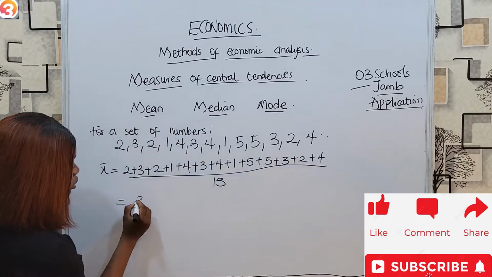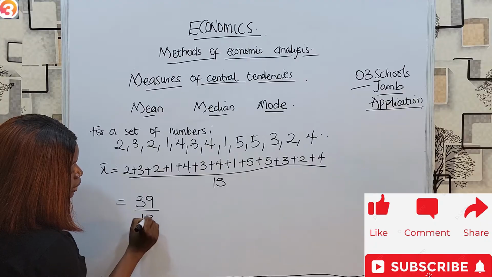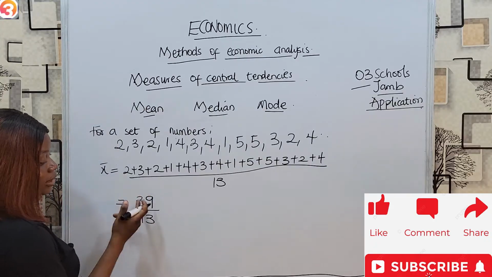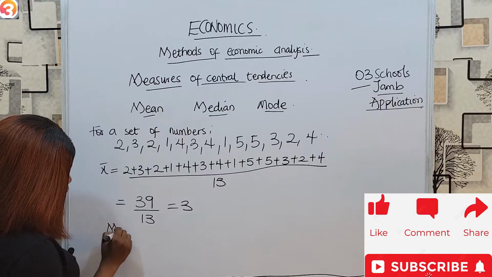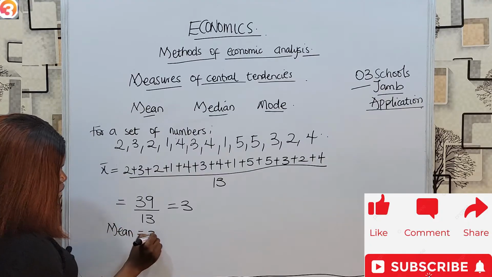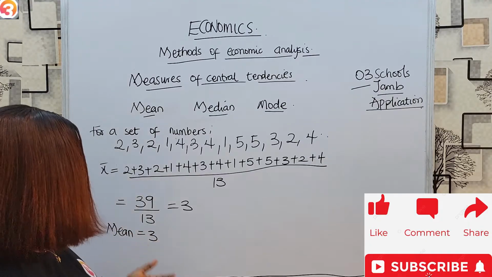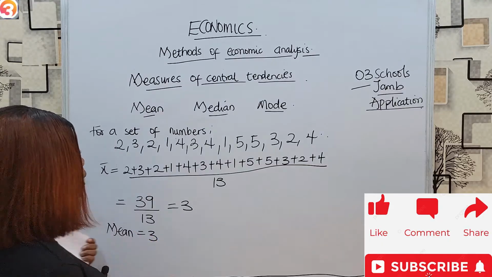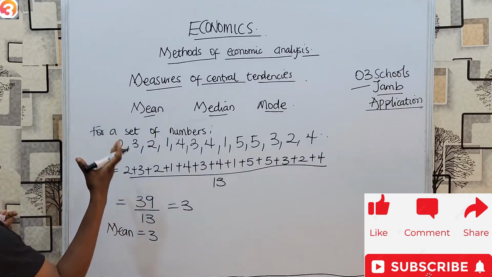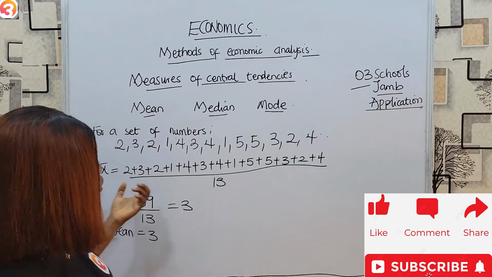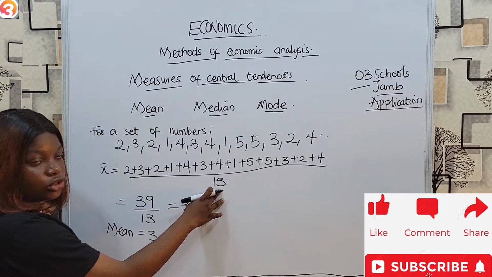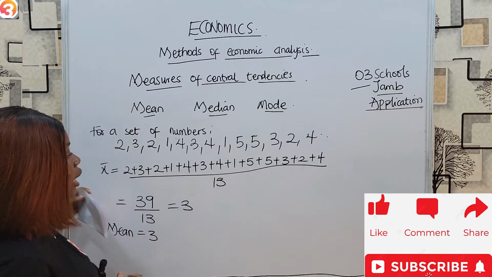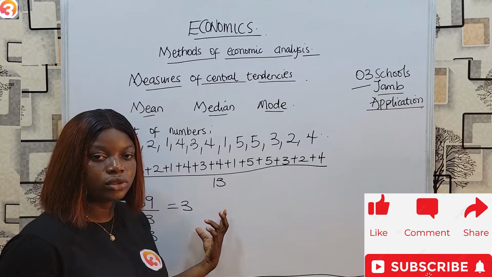So this will now be equal to 39 over 13. 39 divided by 13 we have 3. So our mean here is equal to 3. It is very simple and self-explanatory. Mean is simply the sum of all the numbers divided by the total numbers available. And this is one way to get it.